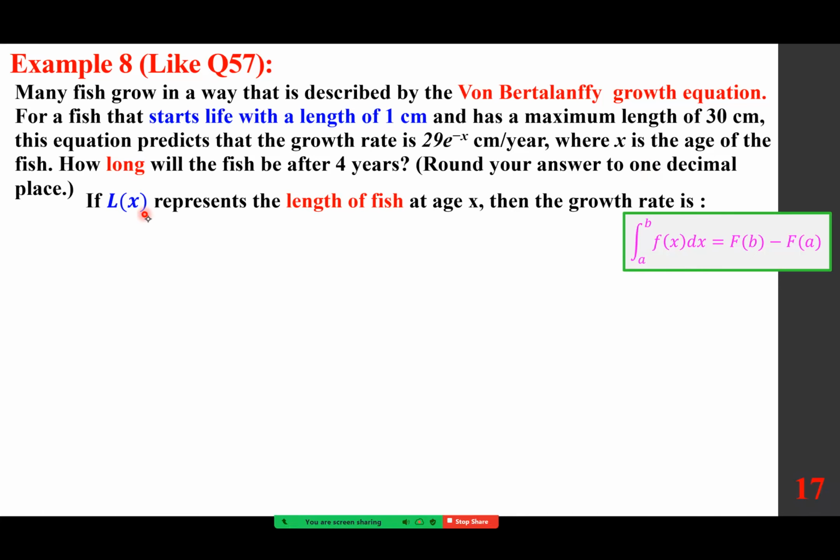Let capital L of x represent the length of the fish at age x. Then the growth rate, which is L prime of x, or dL dx, is this one. And this piece indicates L of 0 is 1.